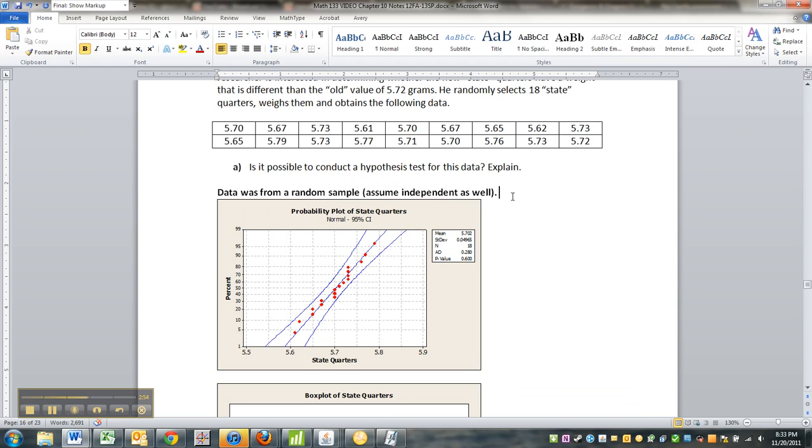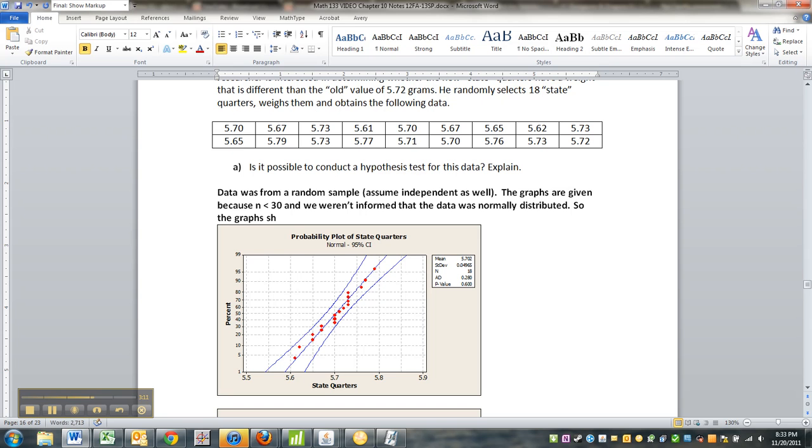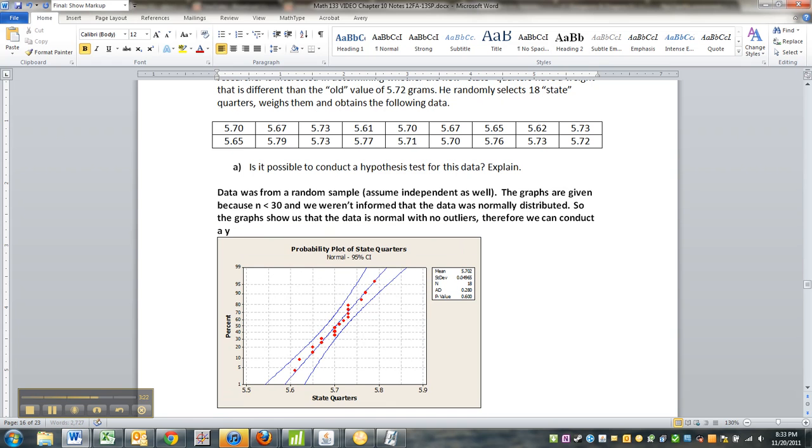Well, the graphs are given because n is less than 30, and we weren't informed that the data was normally distributed. So the graphs show us that the data is normal with no outliers. Therefore, we can conduct a hypothesis test.